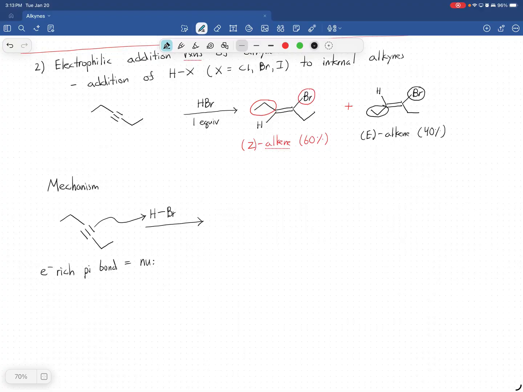So what's the nucleophile going to be attracted to is the hydrogen from the HBr, and that will break that bond, and you'll get the hydrogen onto the alkyne. So it's symmetrical, so it doesn't matter where the H goes. You just pick a side.